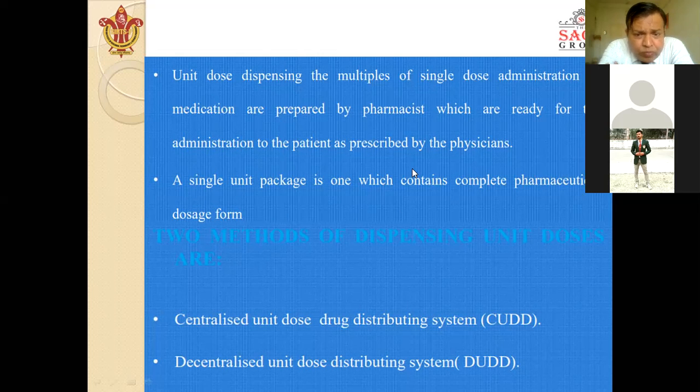There are two methods of dispensing unit dose. First is CUDD, that is called Centralized Unit Dose Drug Distribution System, and another is DUDD, that is Decentralized Unit Dose Distribution System.